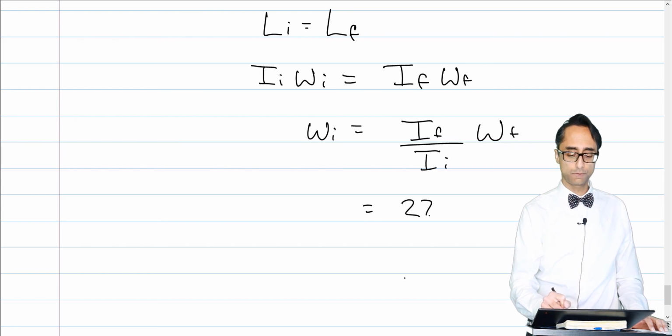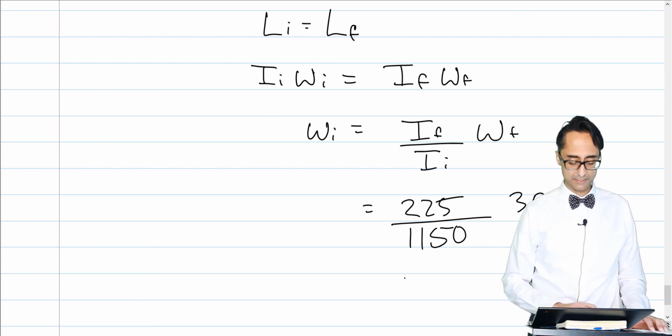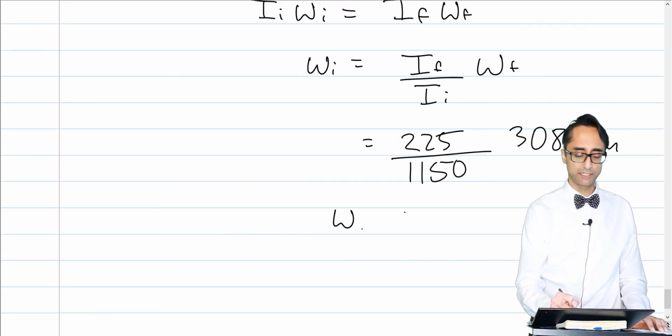We've got 225 divided by 1,150, all multiplied by 308 RPM. And since we're in RPM, we can stay in RPM by multiplying by that unitless ratio, giving us an initial velocity of 60.3 RPM.